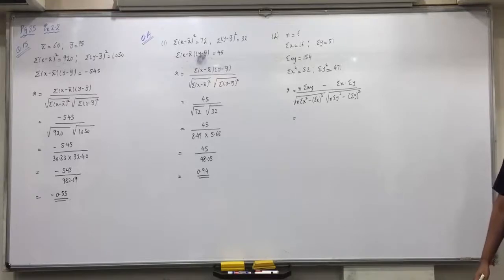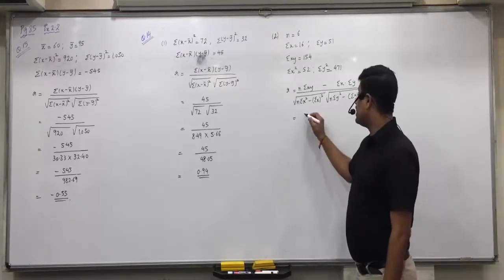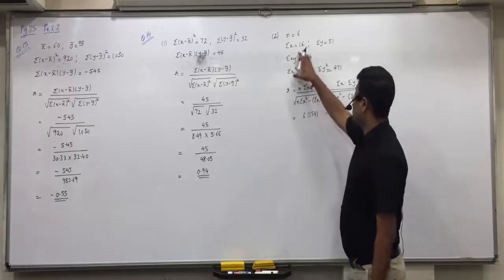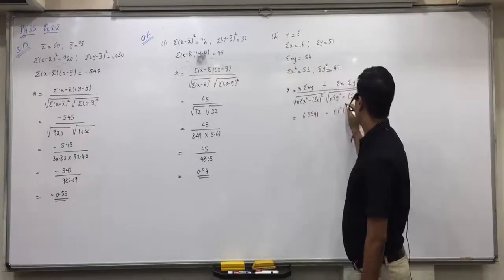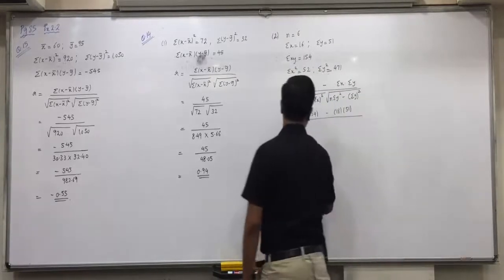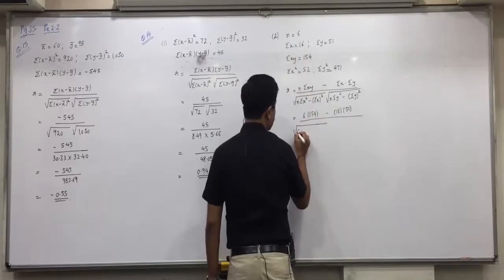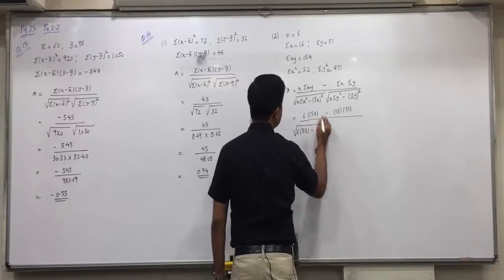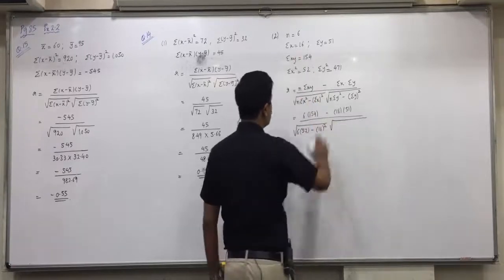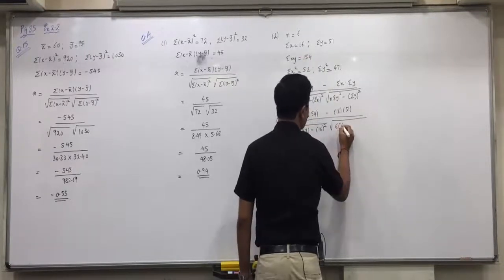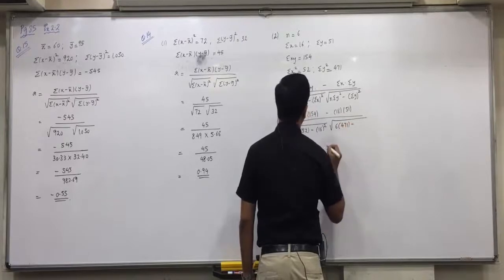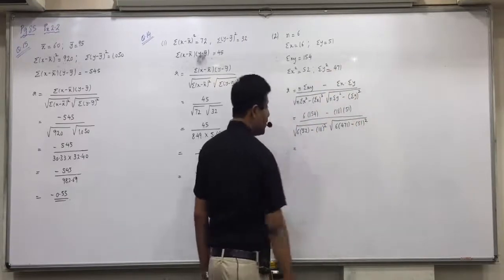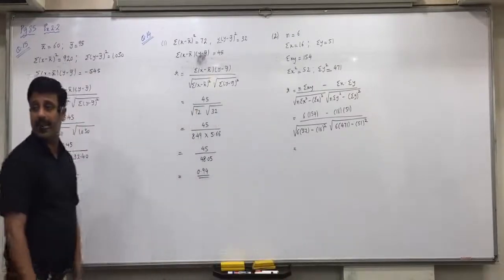Now put the values. n is 6 into sigma xy is 154 minus sigma x is 16 into sigma y is 51, upon square root of n is 6, sigma x square is 52 minus sigma x is 16 whole square, into square root of again n is 6 into sigma y square is 471 minus sigma y is 51 whole square. So now, is everyone clear with this?